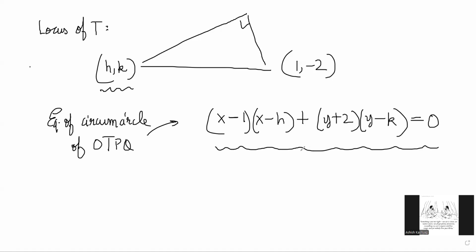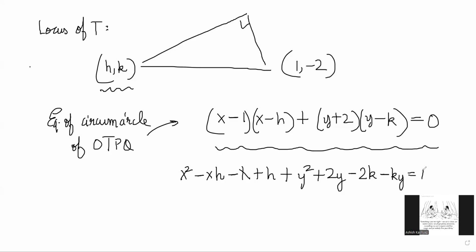And now we also know that this circumcircle has a radius of 6, right? So from there, we can get a condition on h and k. If you simplify this, you will get x square minus xh minus xh minus x plus h plus y square plus 2y minus 2k minus ky is 0.